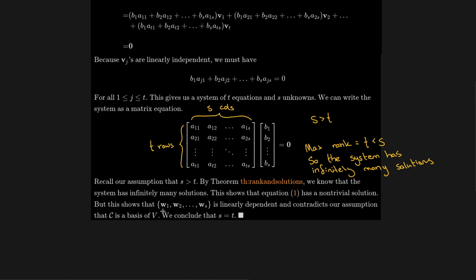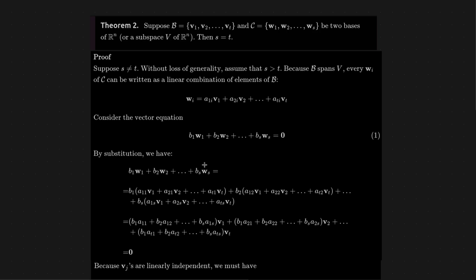We said, oh, but these vectors are linearly dependent. And that contradicts our other assumption at the beginning, that the vectors form a basis for the subspace, because a basis is linearly independent.